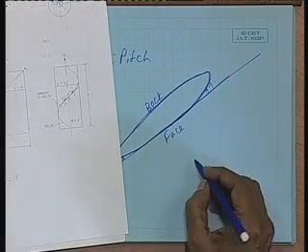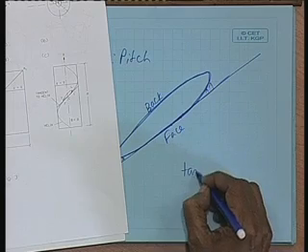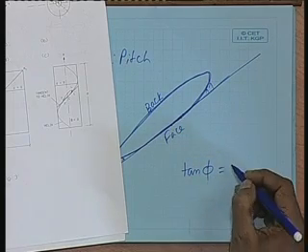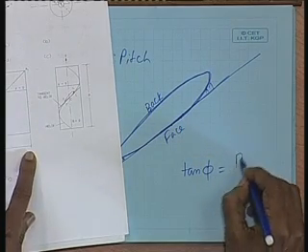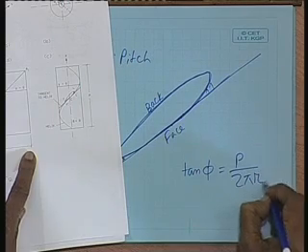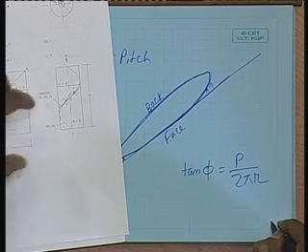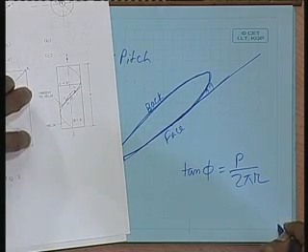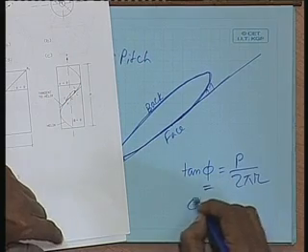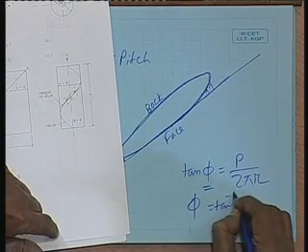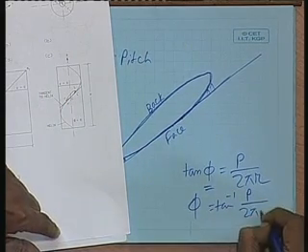And what is the pitch angle? You can tell me. Tan phi is equal to P by 2 pi r. P divided by 2 pi r is tan phi. So, the pitch angle phi is tan inverse of P by 2 pi r.